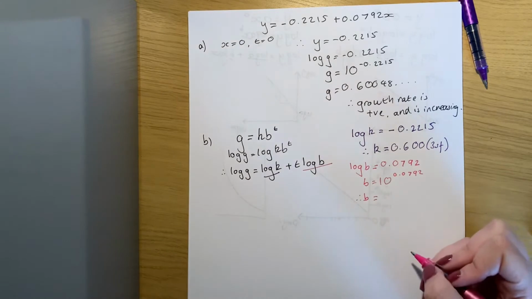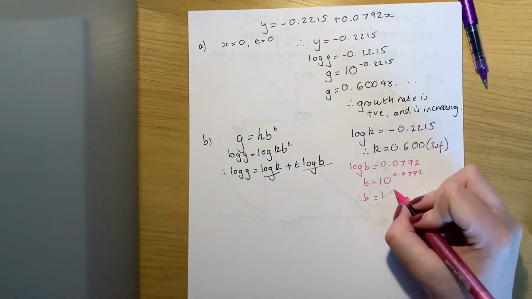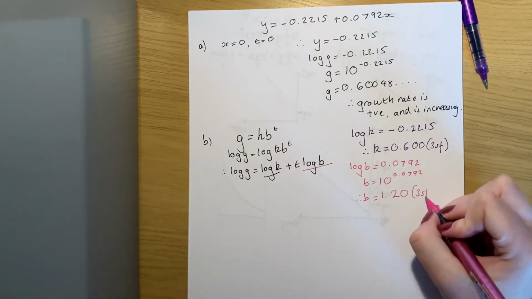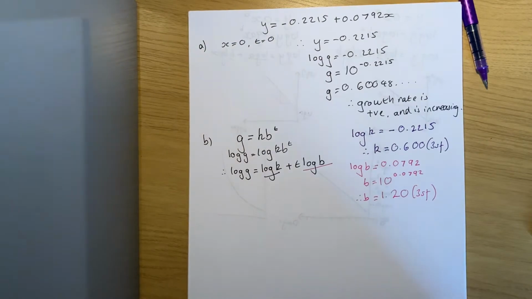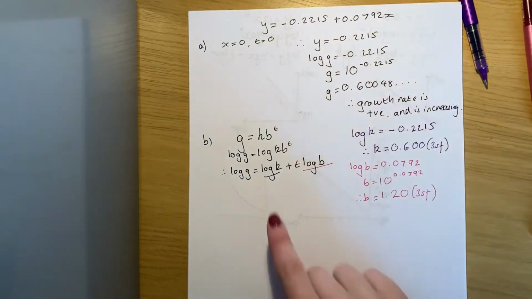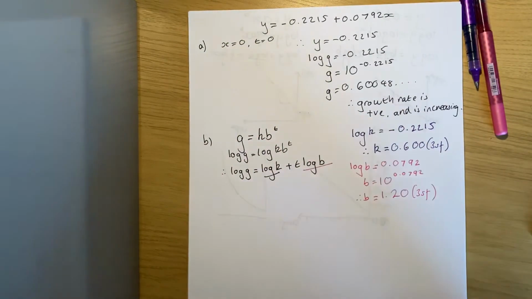So therefore b is 1.20 to 3 significant figures. So actually logs for linear data is fairly straightforward, as long as you can use your log rules to rewrite that in log form. Most of this chapter is not looking at that. It's just a reminder of that kind of linear data, and it'll probably lead into something related to correlation.